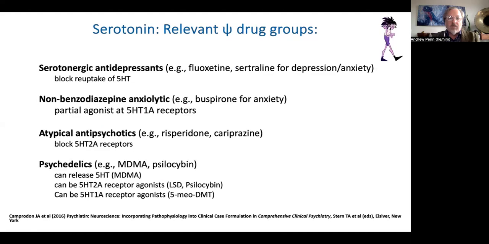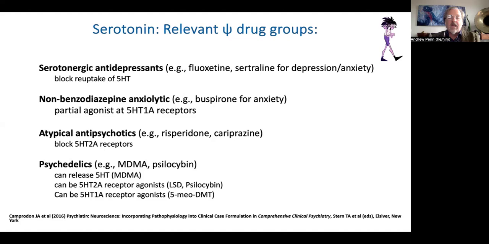So these are familiar drugs to many of us: serotonin antidepressants, the SSRIs; buspirone, which is a serotonin 1A partial agonist; and the second generation or atypical antipsychotics, dopamine blocking drugs that also block serotonin 2A receptors.